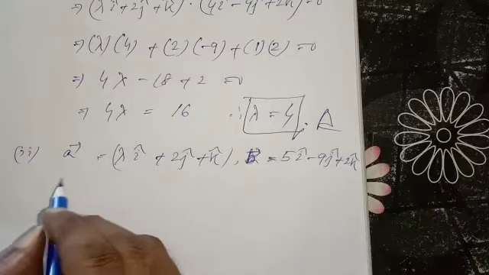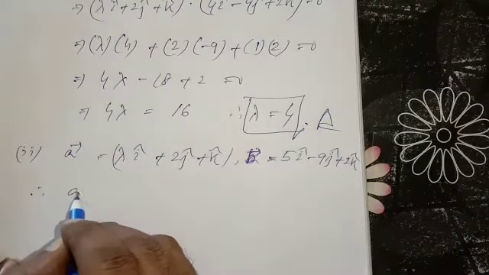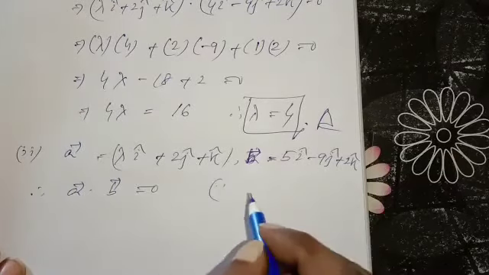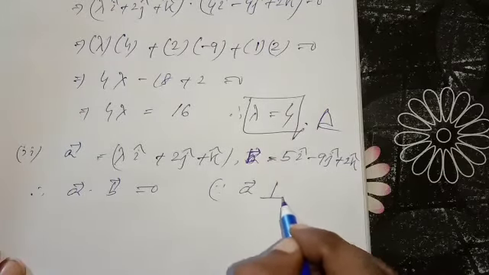Now A dot B equals 0. Why? Since vector A is perpendicular to vector B.